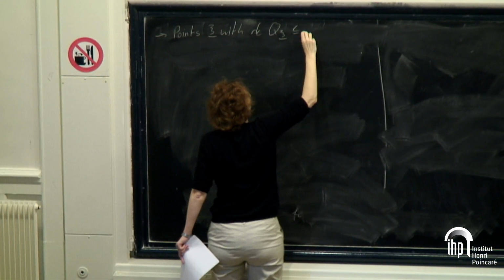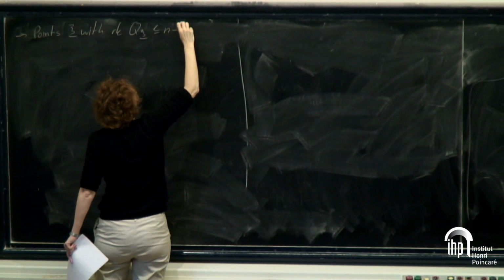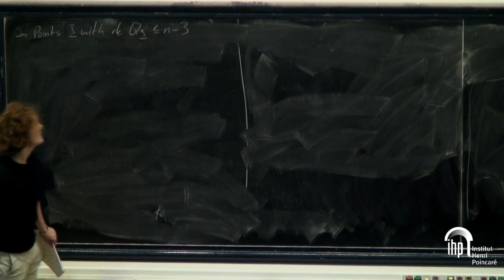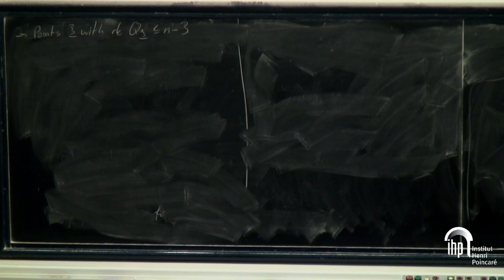So what does that mean? Well, that means that points where the rank is smaller than n minus 3, well, they have codimension 3 in affine space.